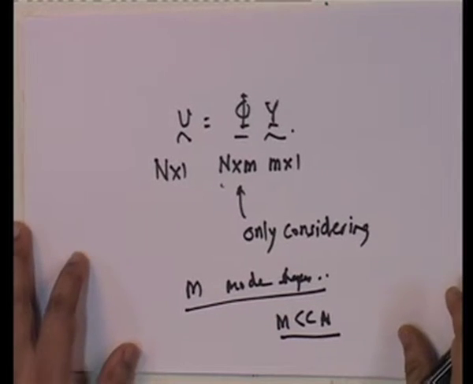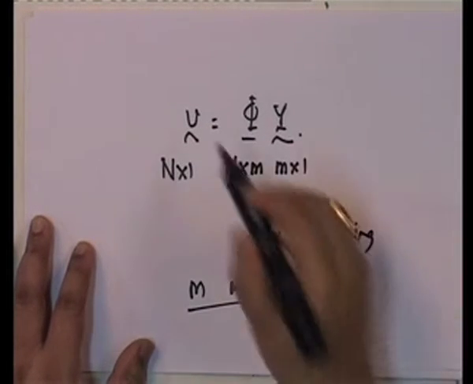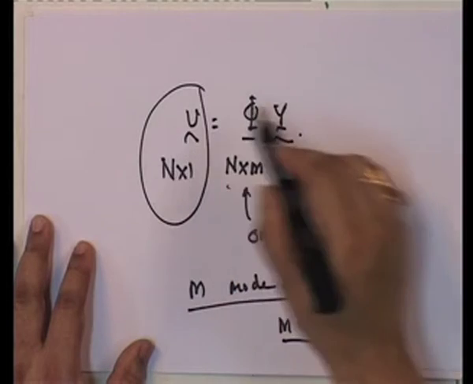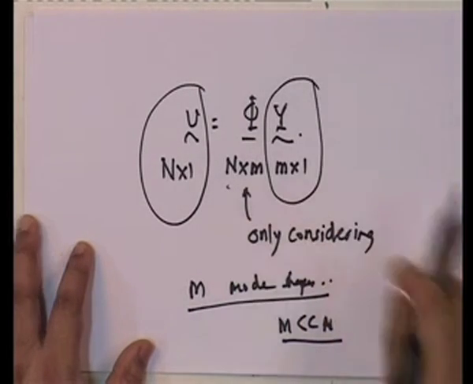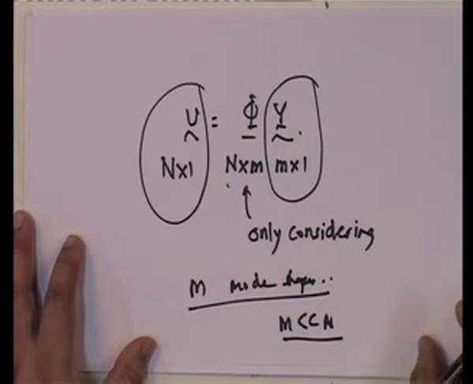Okay. So, this is the beauty that we have taken this problem, we made it into a smaller problem, and furthermore, because of the orthogonality of mode shapes, essentially what you come down to is the following problem.